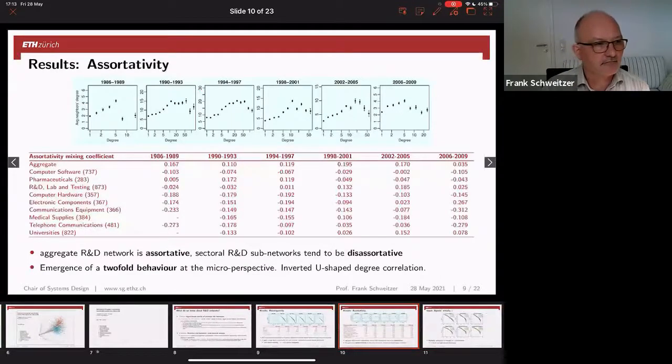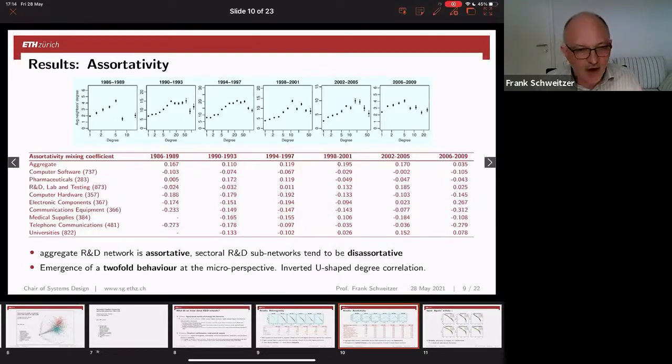The other example that I want to give here is about assortativity. What does this mean? Assortativity means: if I have a small degree, that means I have only a few partners, what is the degree of my partners?